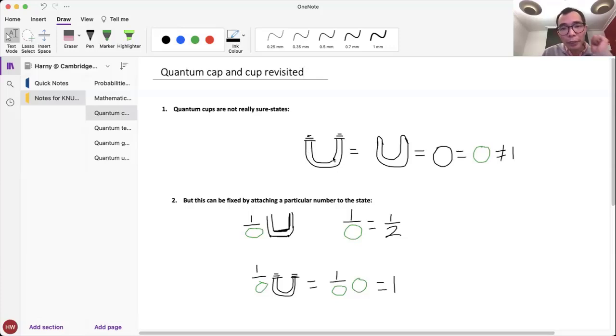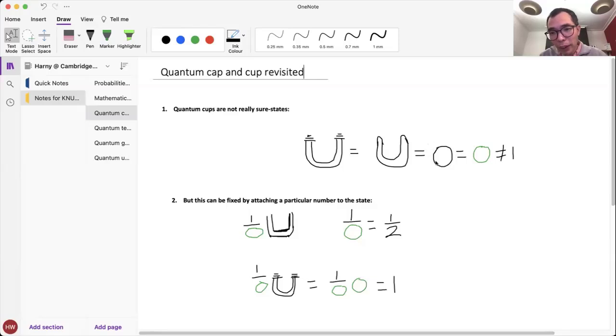Actually, we said they are short states, but they are not really short, because we just defined that short states means if you discard outputs, you will get number 1, right? But if now we discard the quantum cap, which means you put a single cap on top, then they are all connected and become a circle.